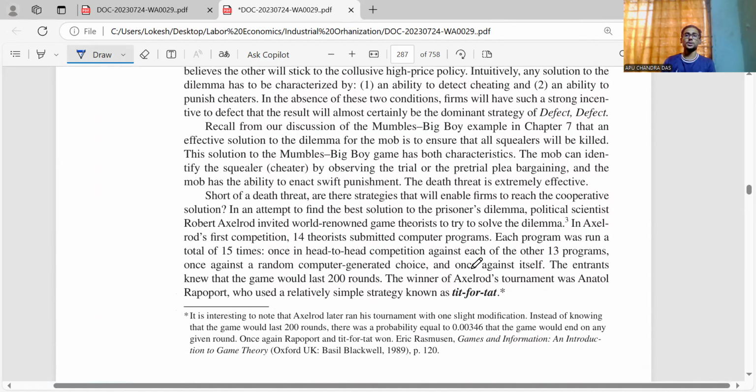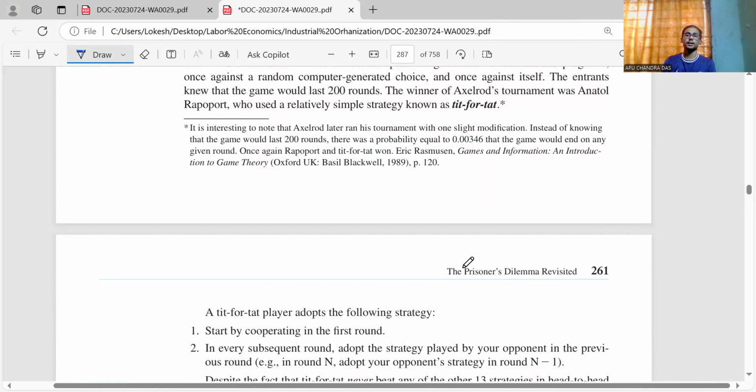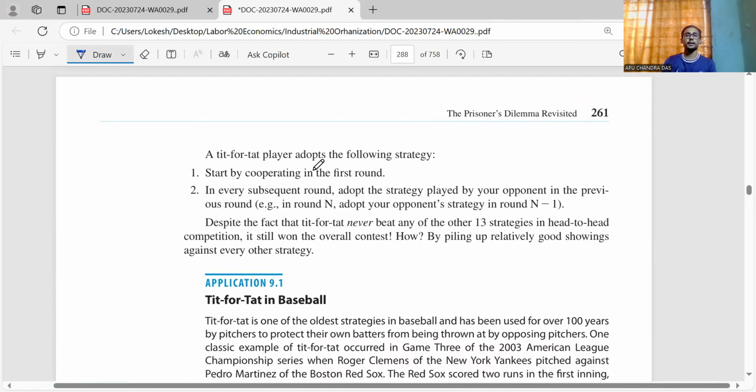As a solution to the prisoner's dilemma, we will be discussing the tit-for-tat strategy. Here we see that a tit-for-tat player adopts the following strategy, which means that two conditions must be fulfilled.